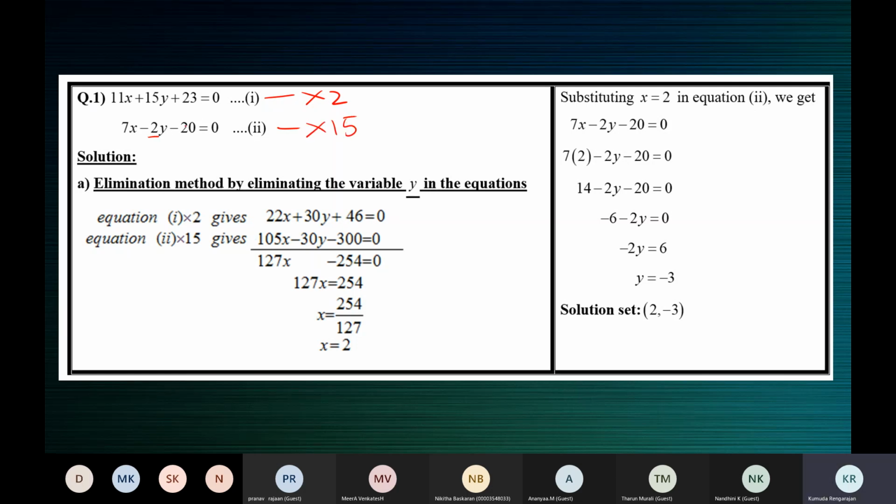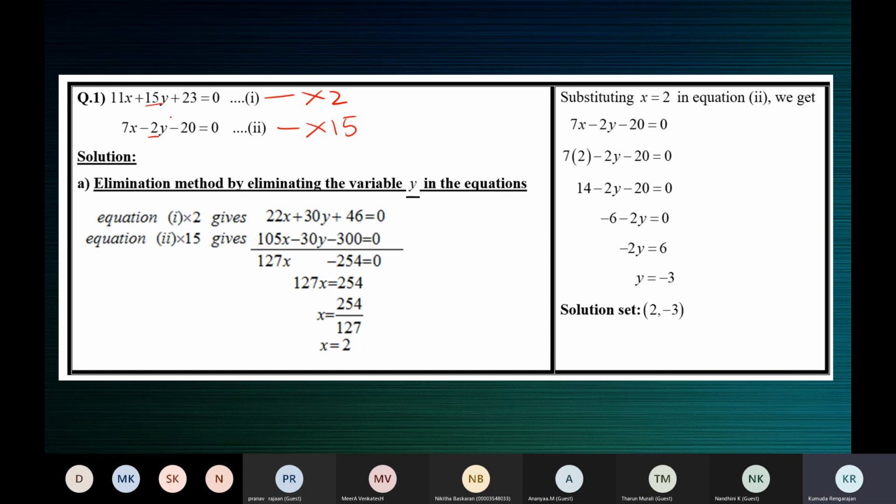First, decide which variable you want to eliminate. I want to eliminate y. Look at the coefficients of y, 15 and 2. Ignore the signs. What is the LCM of 15 and 2? 30. That means you want the coefficient of y to be 30 in both the equations.